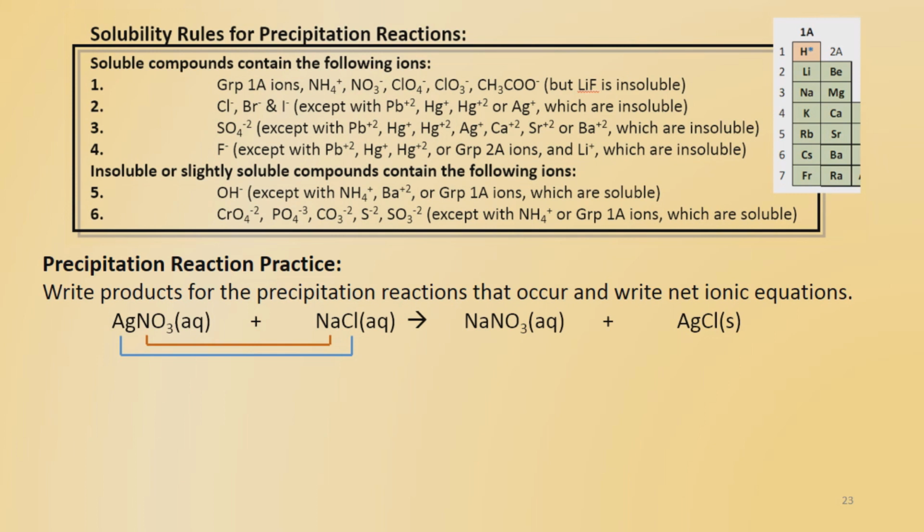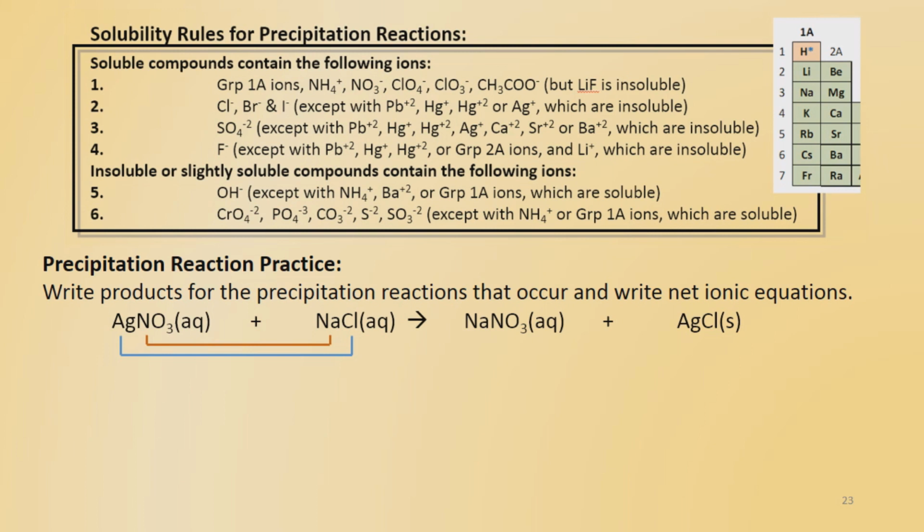Now it turns out that this equation is balanced because all of the ions have a charge of magnitude 1. Both silver and sodium have a +1 charge, and nitrate and chloride have a -1 charge. The next step is to eliminate the spectator ions.